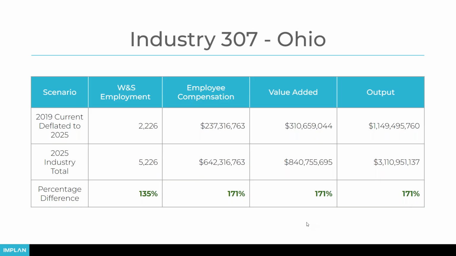So across the bottom here, we can see that those new industry totals that we are estimating saw wage and salary employment grow by about 135%, and employee compensation, value added and output all grew by roughly 171% after we have rounded. So definitely some significant changes brought on by this new semiconductor manufacturing plant.